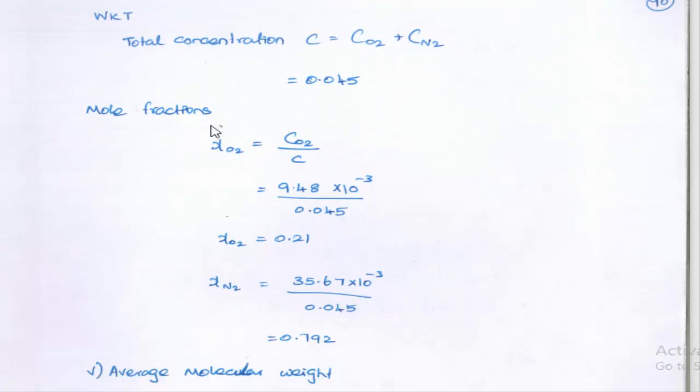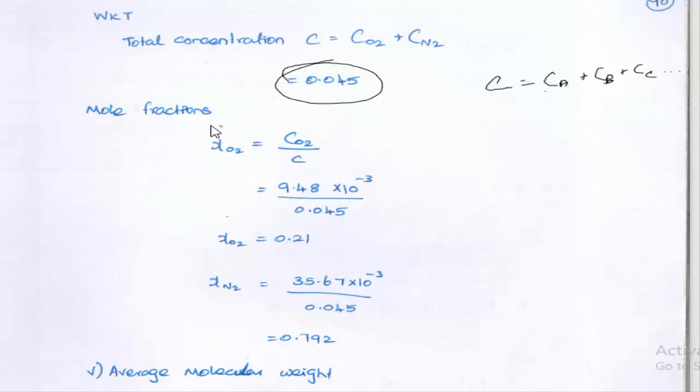So next thing, total concentration. You know that the total concentration C equals Ca plus Cb plus, and so on, depending on how many components there are. So C equals CO2 plus CN2. Just sum up those concentration values and you can find out the total concentration.